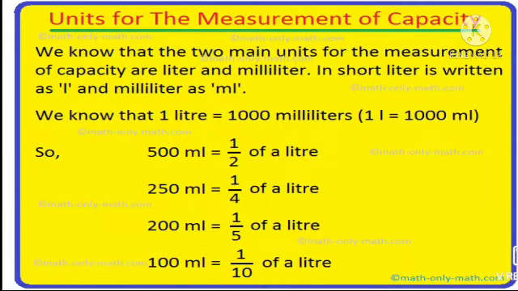Units for the measurement of capacity. We know that the two main units for the measurement of capacity are liter and milliliter. In short, liter is written as L and milliliter as ml.